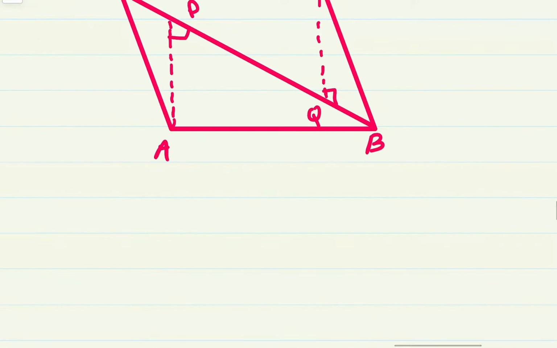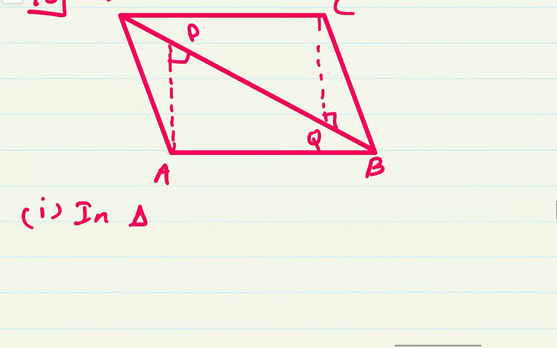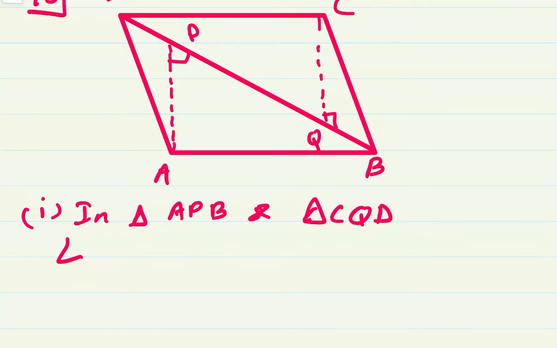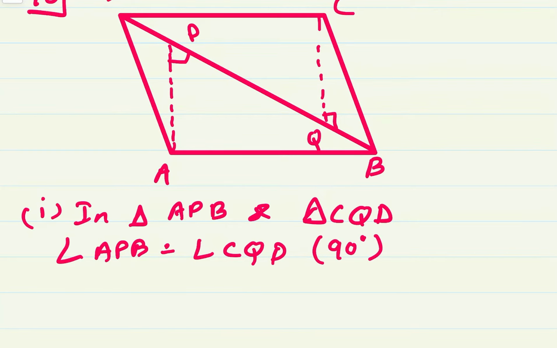Now here, first one, in triangle APB and triangle CQD, angle APB is equal to angle CQD because each is 90 degrees.